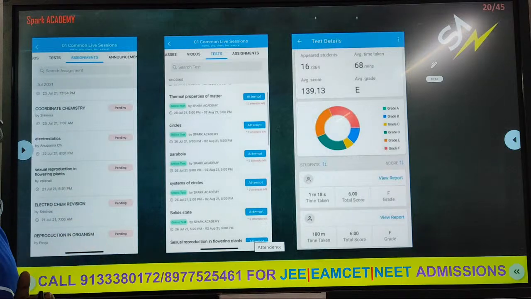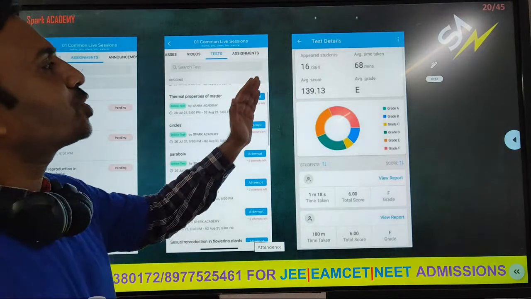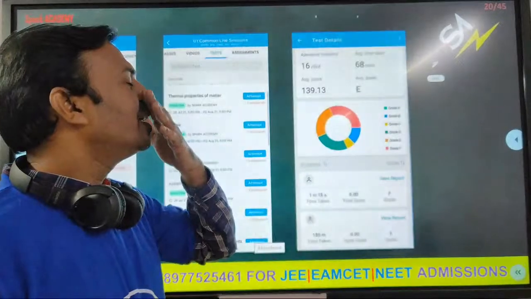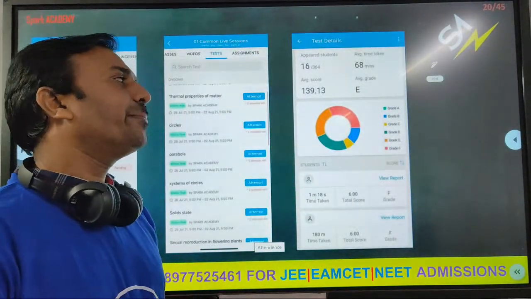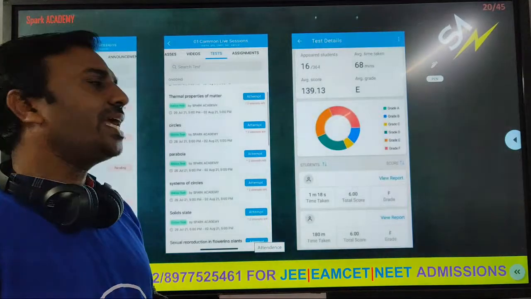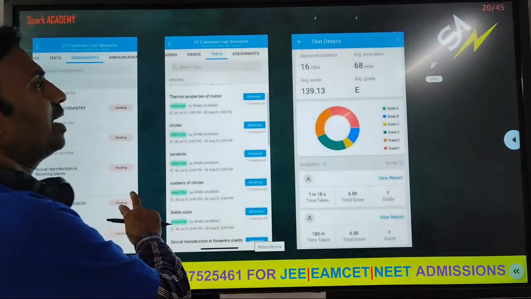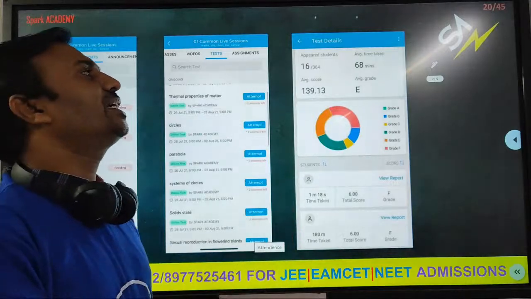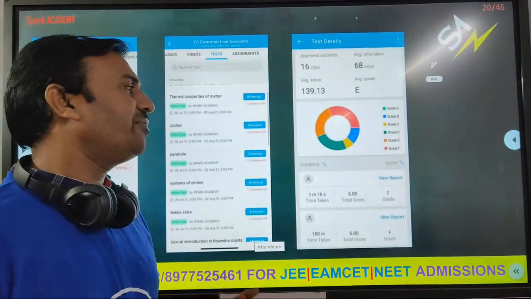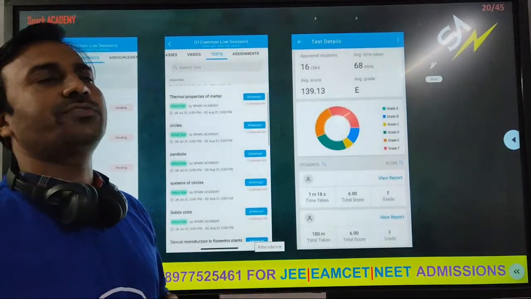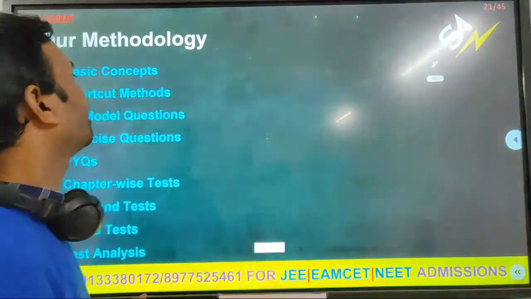Everyday assignments, weekend tests, grand tests, and immediate scores are also available. This shows the score and grades A, B, C, D, E, and F. At a time, the appearing students, time, average score, and grade, everything you will get immediately after the exam.